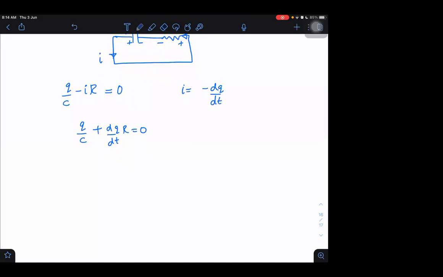So if I has to be kept constant, then I can write I into dt minus dq integral. Q changes from some initial value Q naught to final value Q, and it is 0 to t.